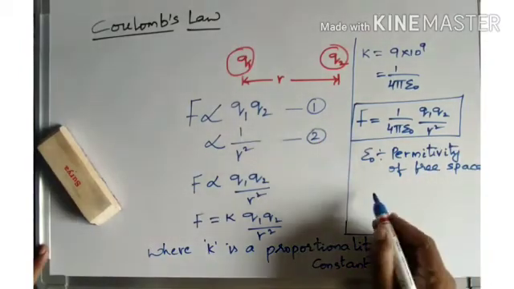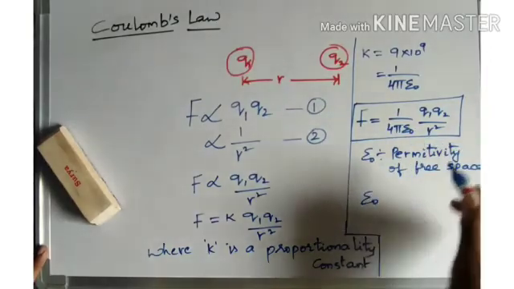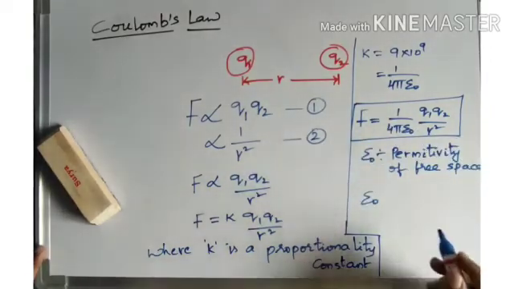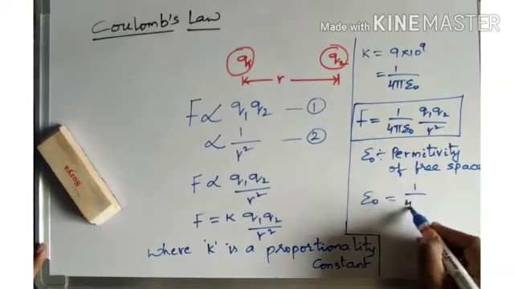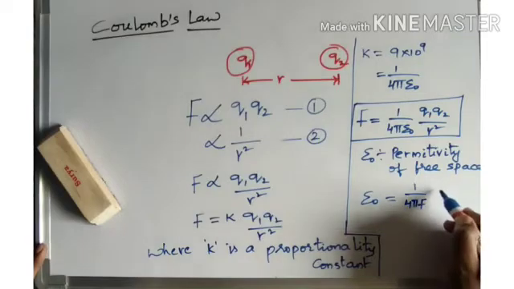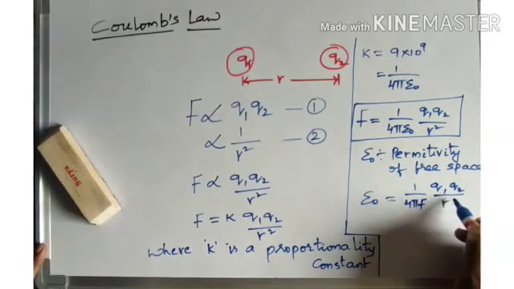Coming to the units, from this expression, if I take epsilon naught as the subject, I can write it like this: epsilon naught equals Q1 Q2 by 4 pi F R square.